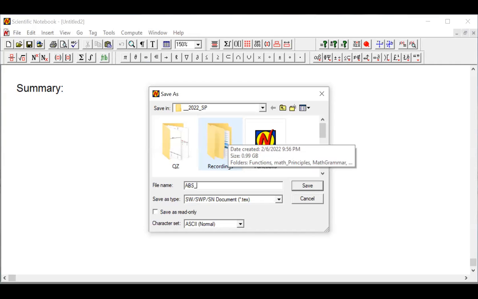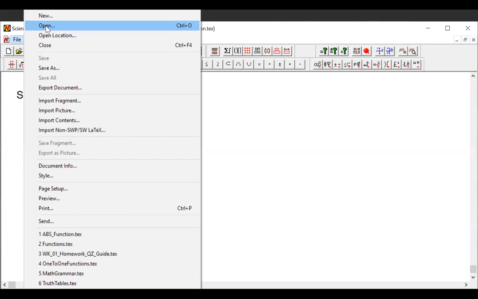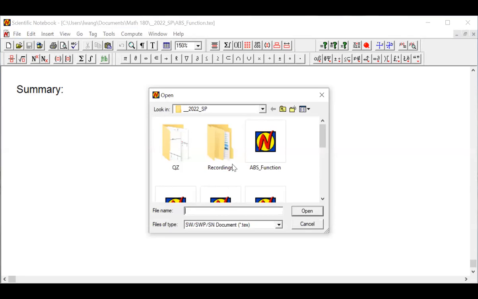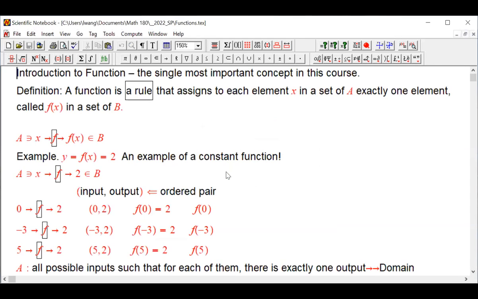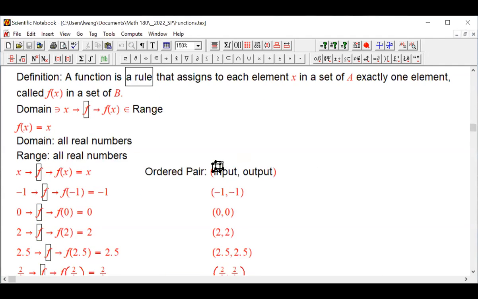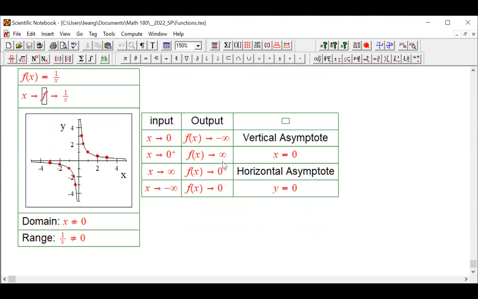I'm going to bring back the other functions that we have done, and we put them together and summarize.